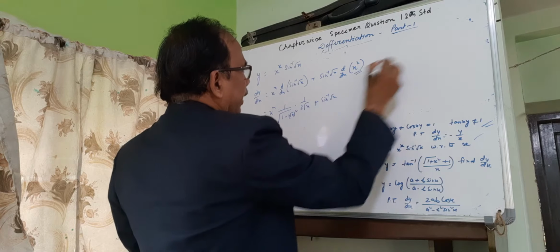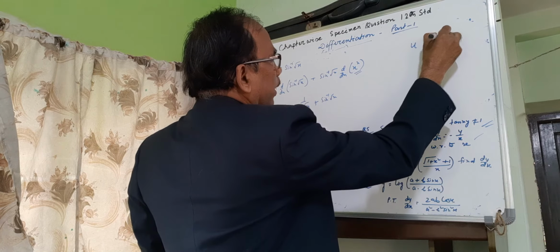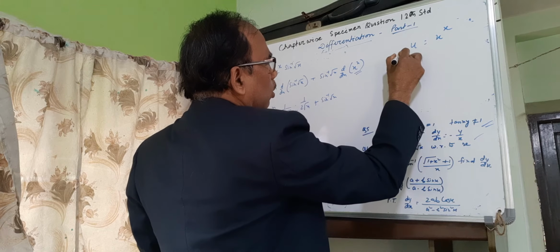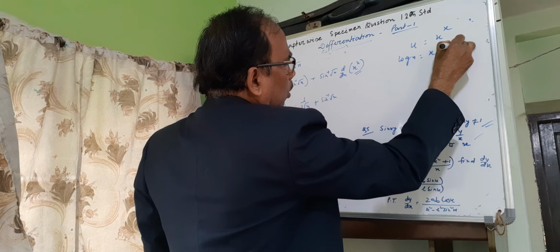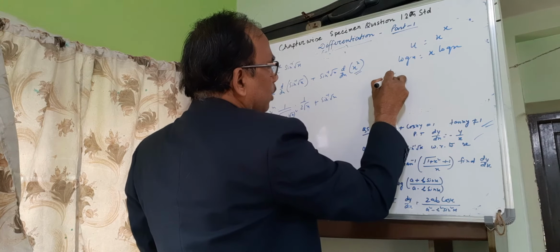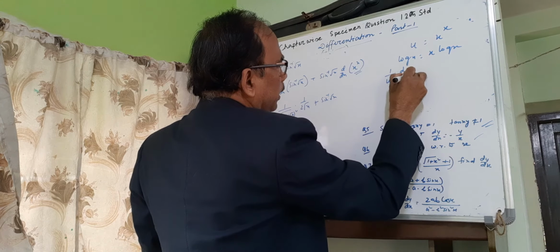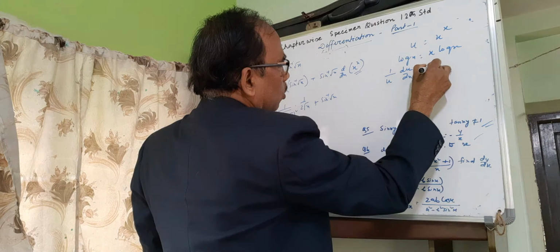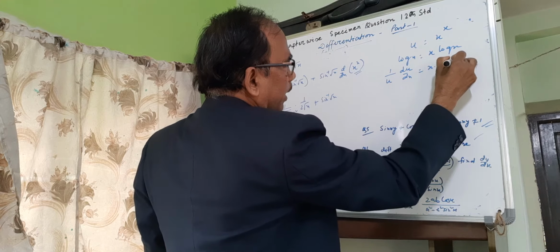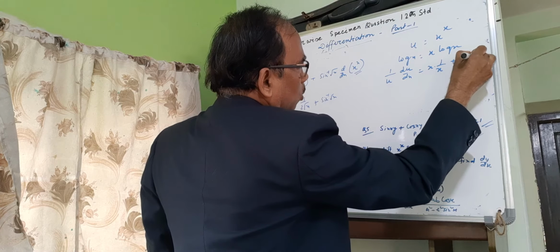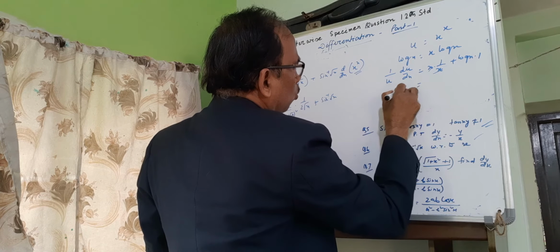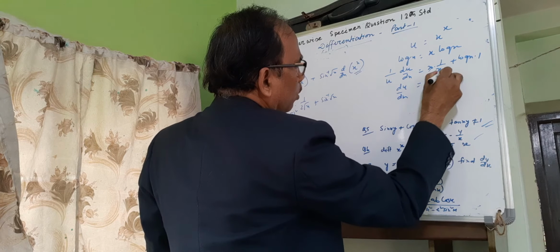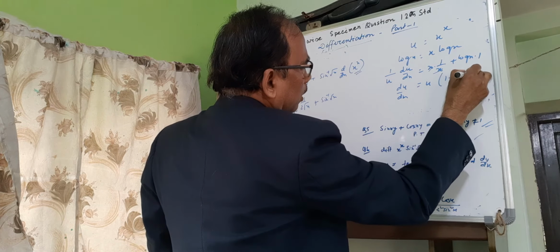Let u equal x to the power x. Taking log, log u equals x log x. Differentiating, 1 by u du/dx equals x times the derivative of log x, 1 by x, plus log x times the derivative of x, 1. That is, du/dx equals u times 1 plus log x.